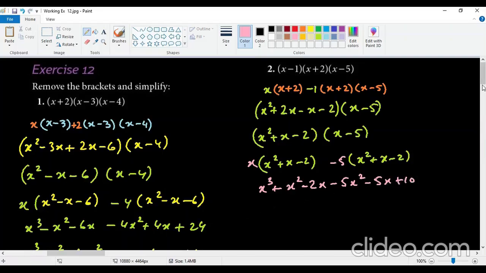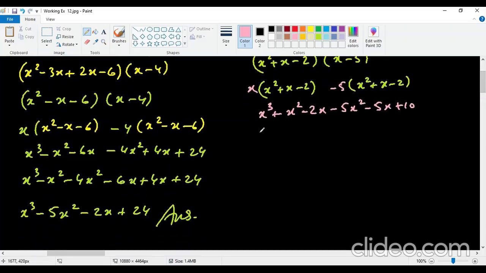So simplifying this one, it's going to give us x cube, keeping the like terms together, minus 4x square and minus 7x plus 10.